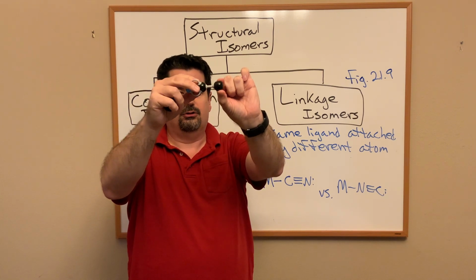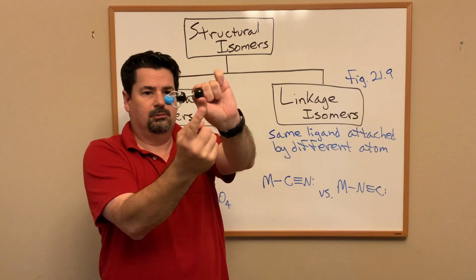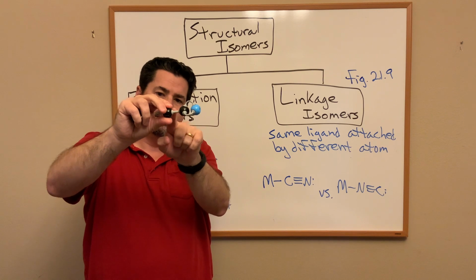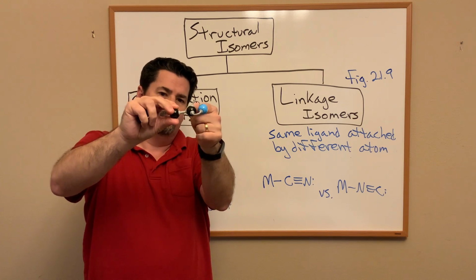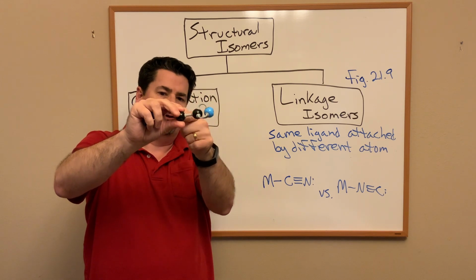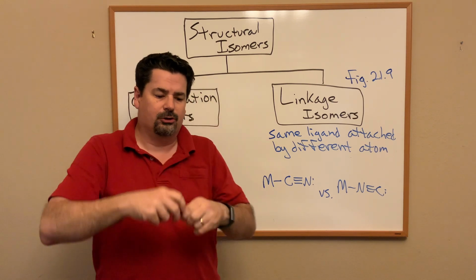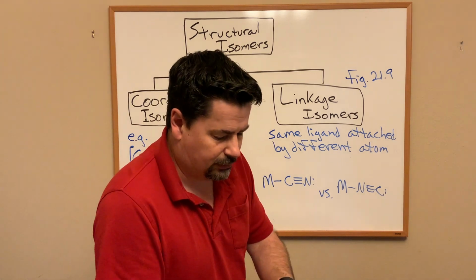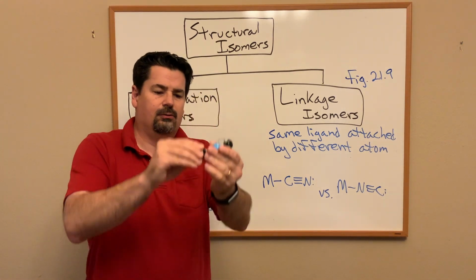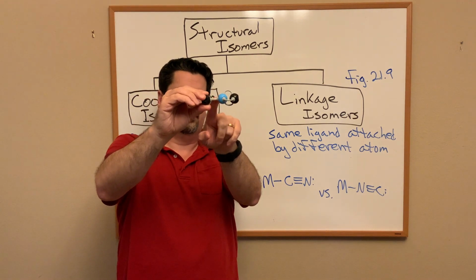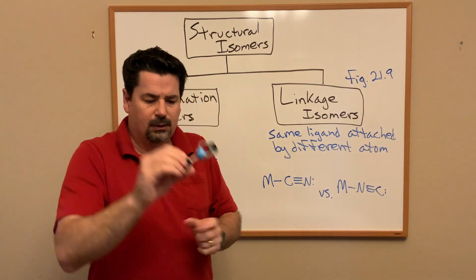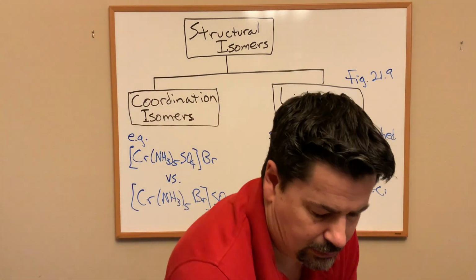So now this is metal. Let me flip it over. There we go. Now it looks like that. Metal, and then here's my coordinate covalent bond between the carbon of the cyanide and the metal. Now you can contrast that to having it attach the other way. So like this, where now the coordinate covalent bond is attached to the nitrogen of the cyanide.